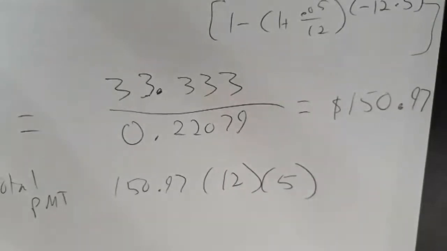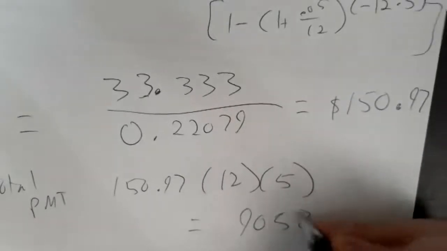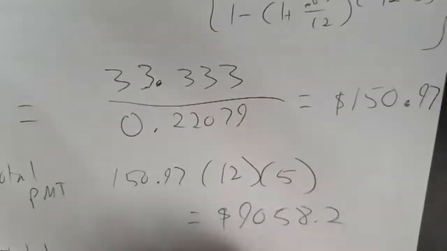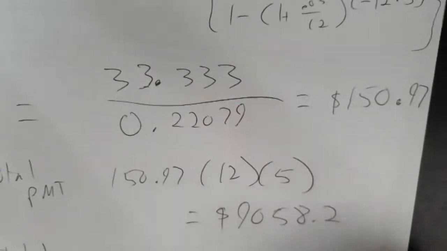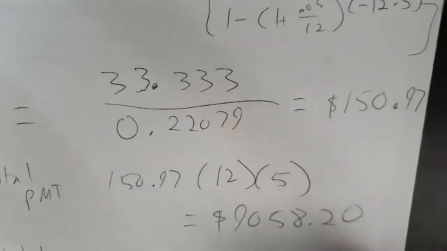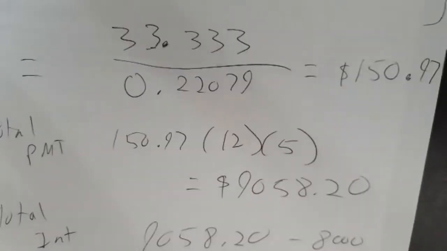So I'm taking this 150.97 and multiplying it by 60 for the total number of payments, and this is going to give me 9058.2. For my total interest, I'm taking 9058.2 and subtracting 8,000 from it. It's going to give me 1058.2.